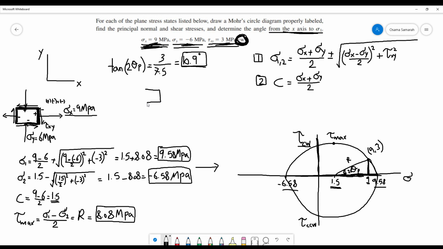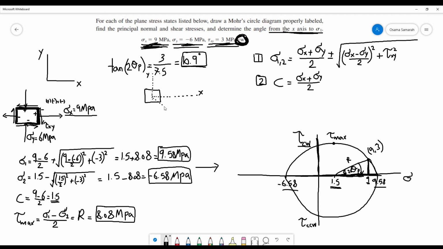So here's our stress element, like that. This is the x direction. This is the y direction. Since we went clockwise on Mohr's circle, we have to go clockwise here.